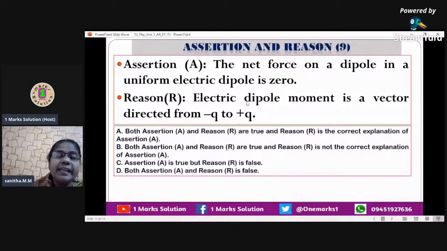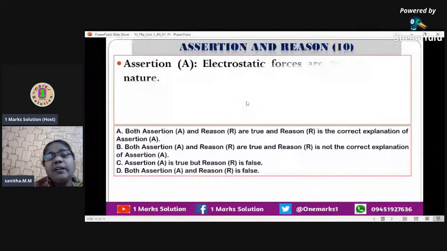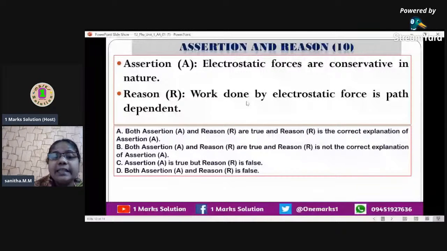Now we can go for the next one. The electrostatic forces are conservative in nature. What do you mean by conservative? One of the important properties of conservative forces is that the work done by a conservative force is independent of the path.